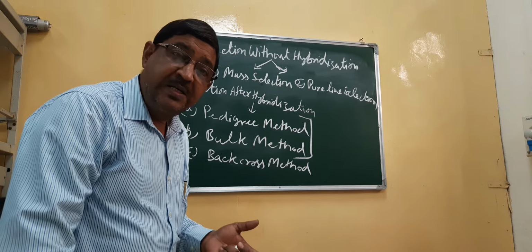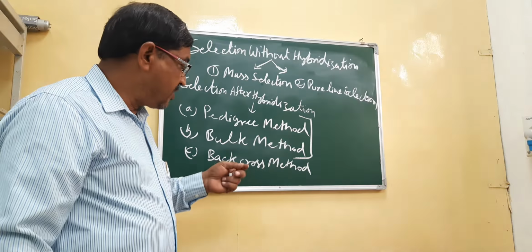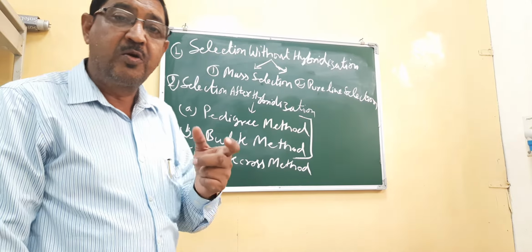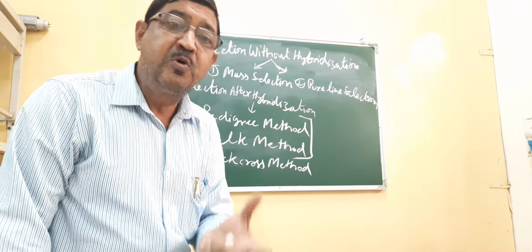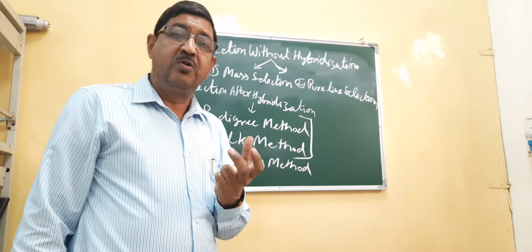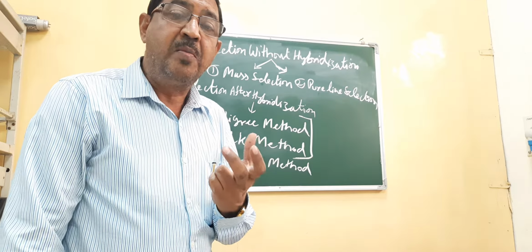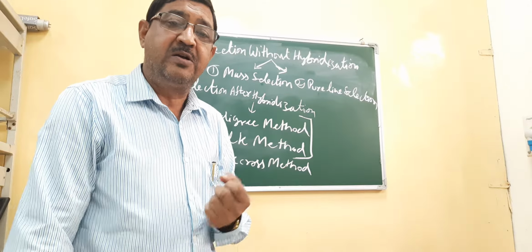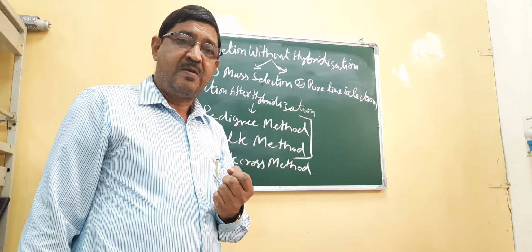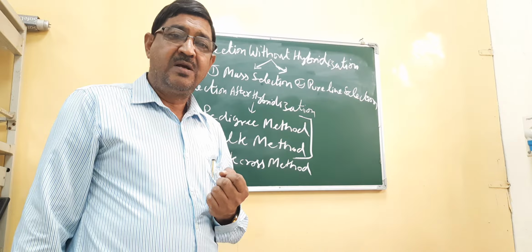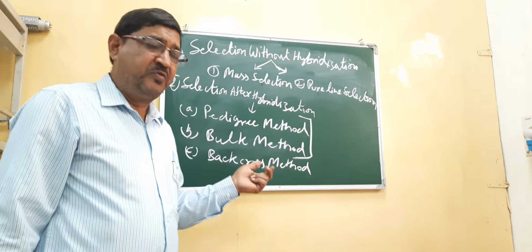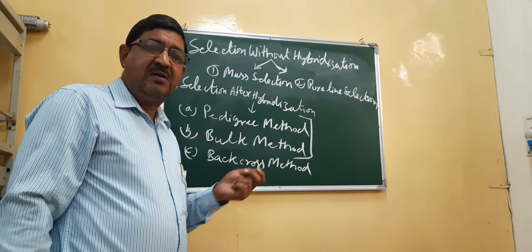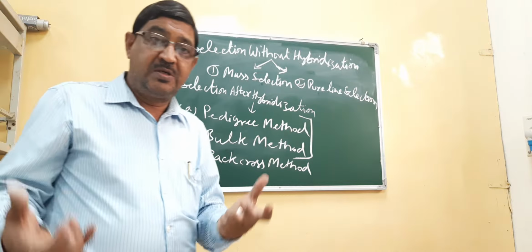Through the backcross method, you are going to improve your commercial variety which has become susceptible to a particular disease or insect pest, or even if you wish to have some change in the character of your most popular variety.